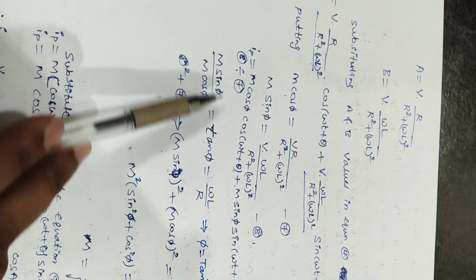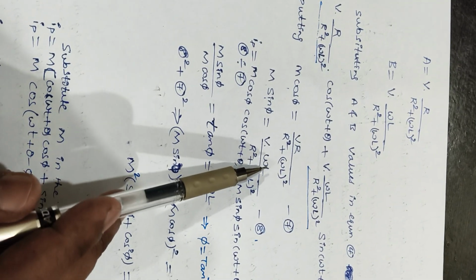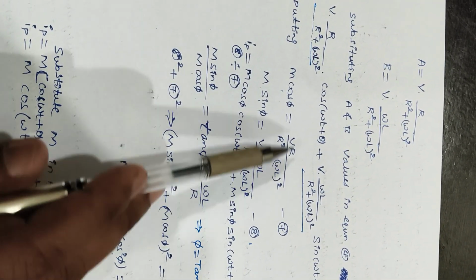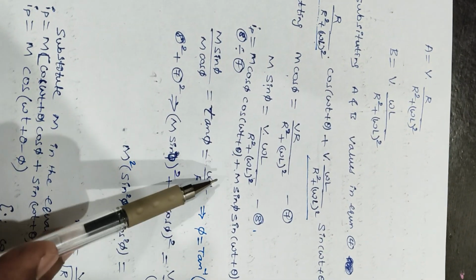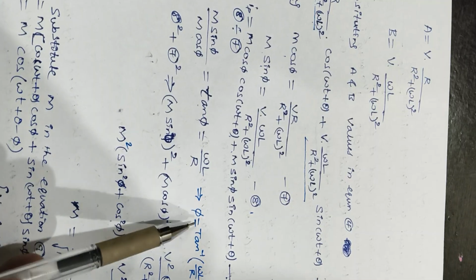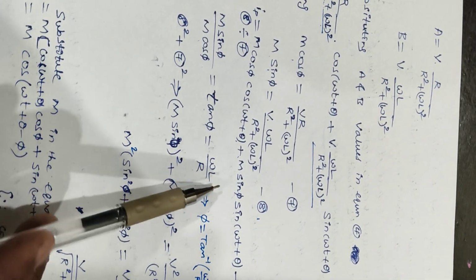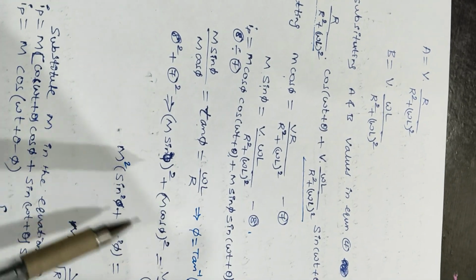If I do that, m sin φ divided by m cos φ, which is equal to tan φ, is equal to, if I divide both of these, V by (R² plus ω²L²) common, ωL by R on the right side. So φ is equal to tan inverse of ωL by R. Now I got φ by dividing the 8th equation by the 7th.